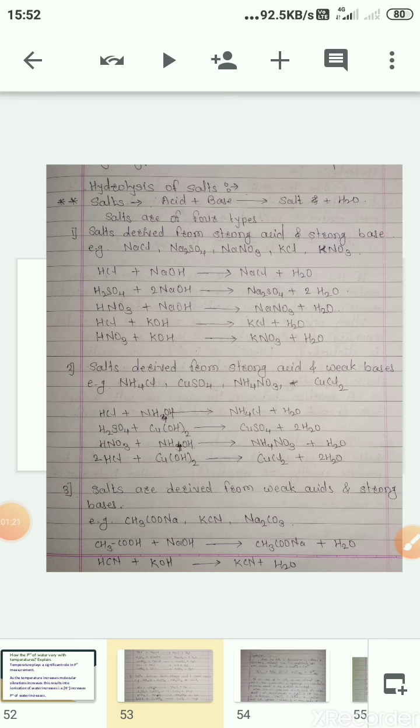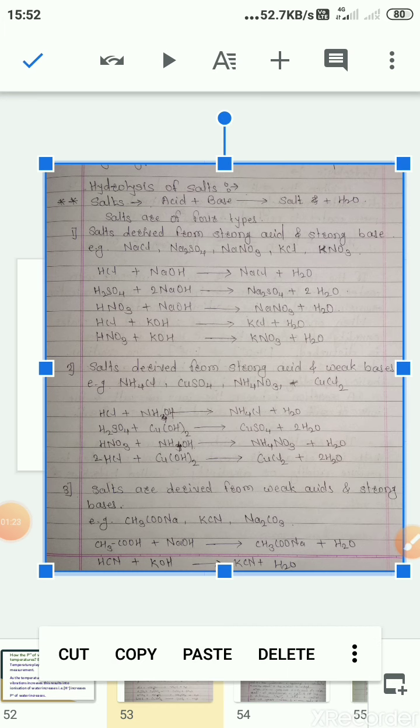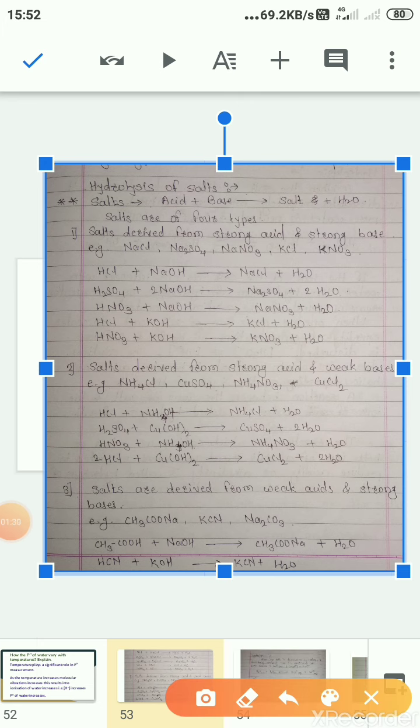Now see how salts are formed from strong acid and strong base. We know very well which are the strong acids and which are the strong bases. We have to remember here HCl, H2SO4 and HNO3.